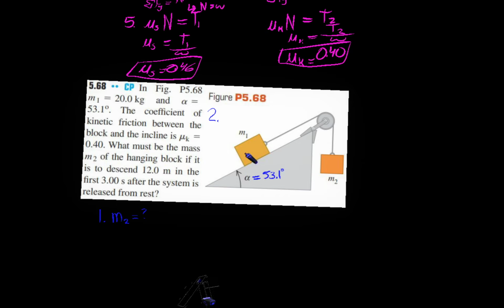We have M1, which is 20 kilograms. This is what we're searching for. We have kinetic friction, mu sub k, the coefficient of kinetic friction equal to 0.40. It's a unitless number, remember?